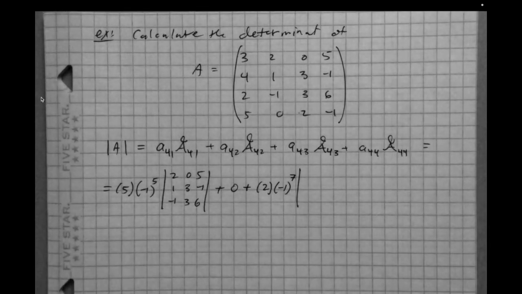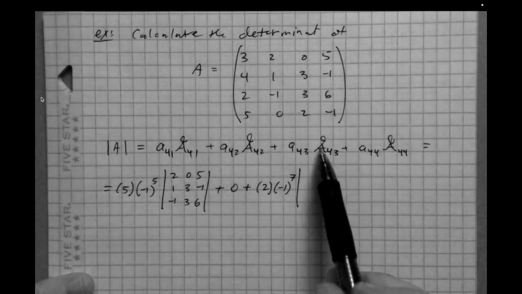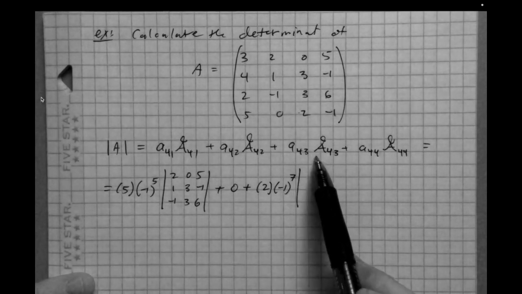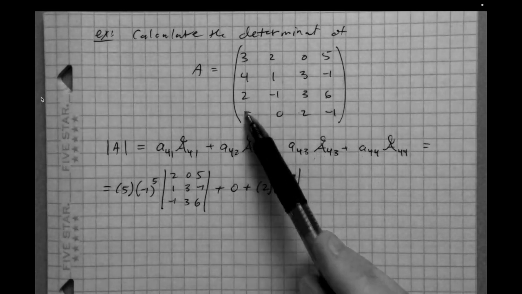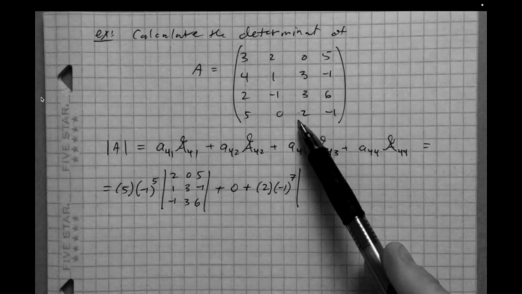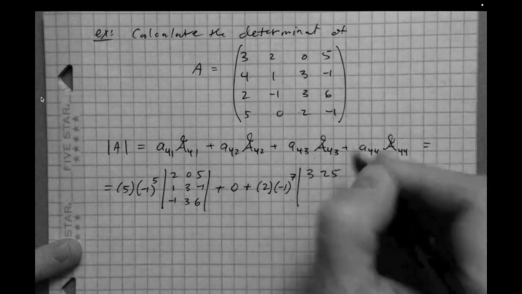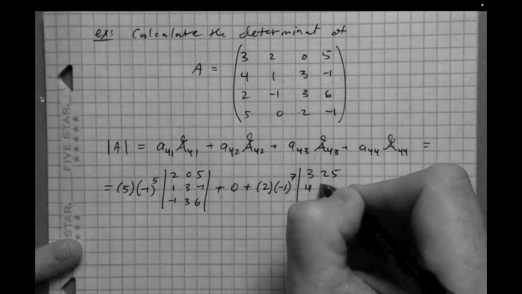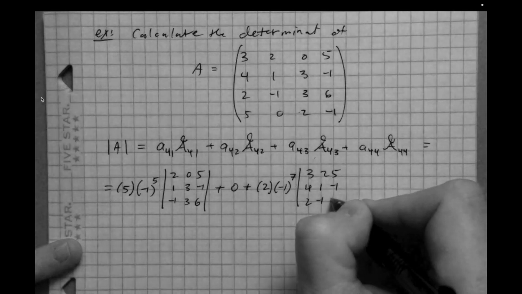Okay, and then the minor here is going to be obtained by finding the determinant of the 4, 3 submatrix. So delete the 4th row, 3rd column. Right? And when you do that, you get 3, 2, 5, 4, 1, negative 1, 2, negative 1, 6.